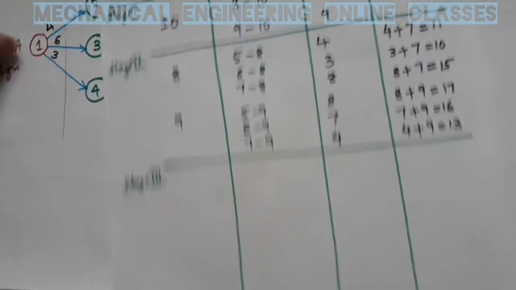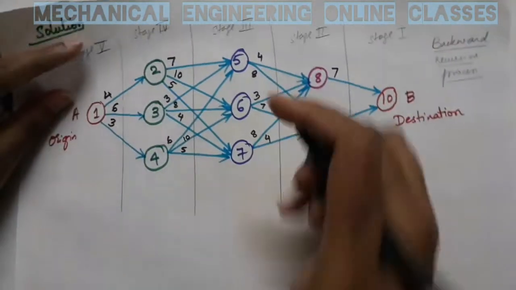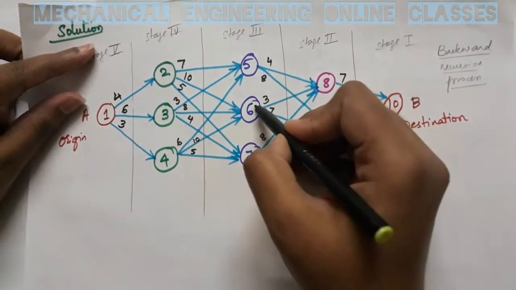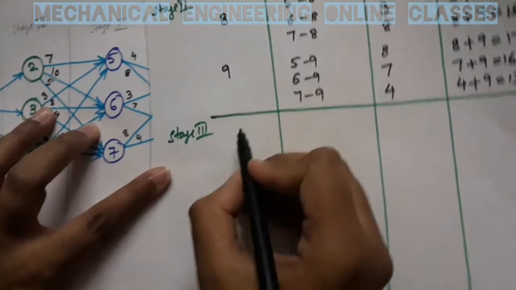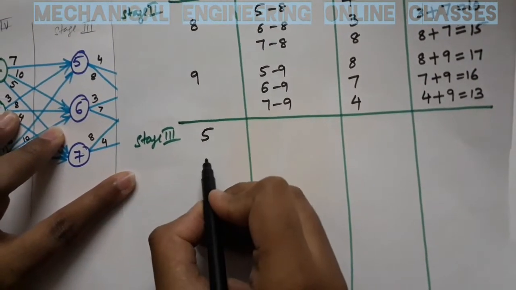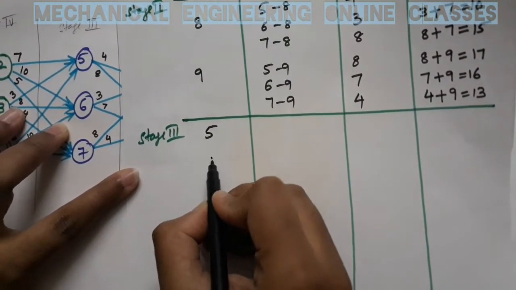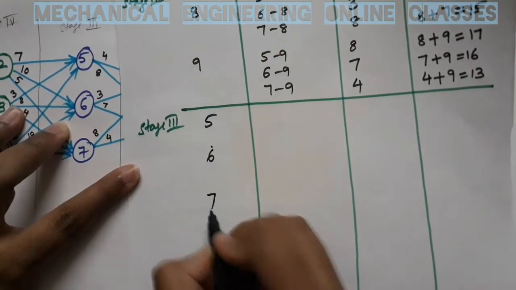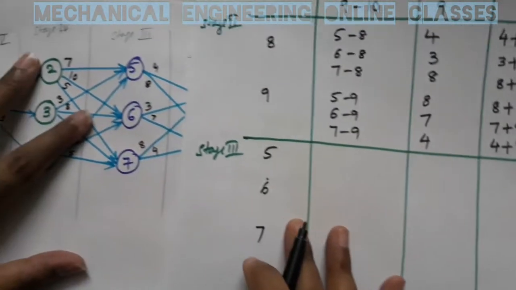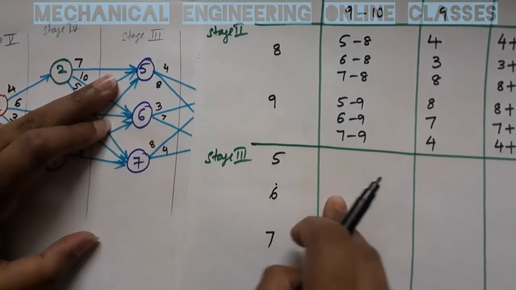When we are in stage 3, we will be either at 5 or 6 or 7. So our current location might be either 5 or 6 or 7. Now we have to check the possibilities.